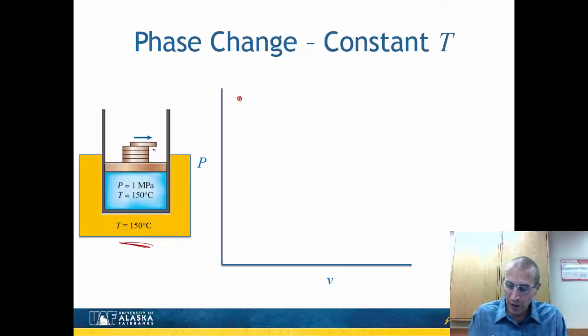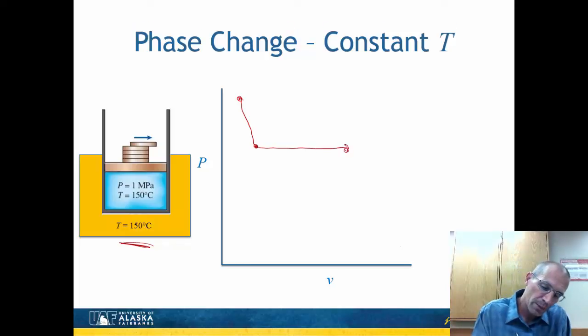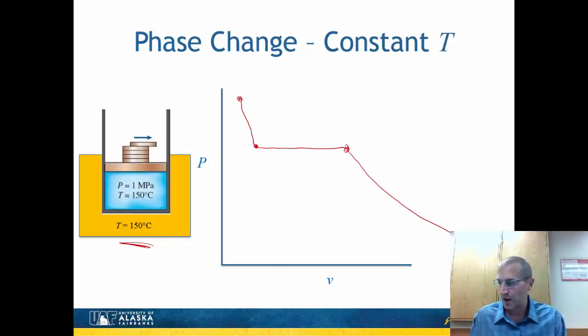Now if I begin to slide these weights off, the pressure is going to drop, temperature will remain constant, the volume will get slightly larger, and I'll move downward, lower pressure, slightly larger volume, to some point at which I will begin to vaporize. Now, since this bath can supply any of the energy I need, at this point the material will boil until I end up with all vapor, and then I will continue to remove weights, and I'll move downward in that direction.